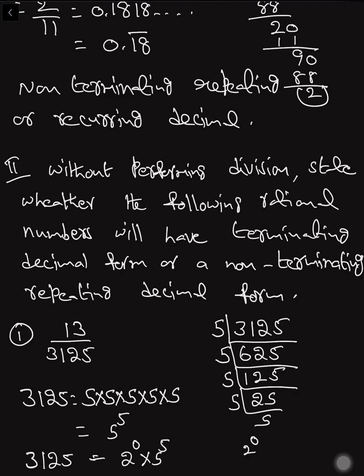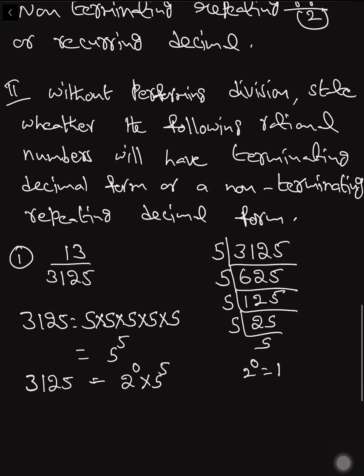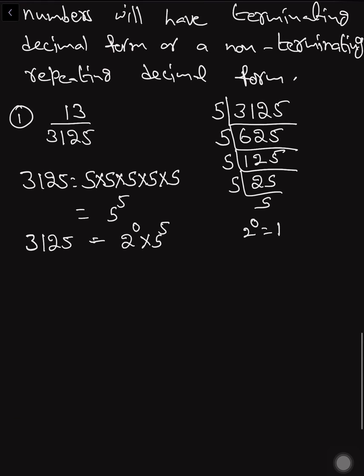Here 2 to the power of 0 is equal to 1. So it is a terminating decimal.